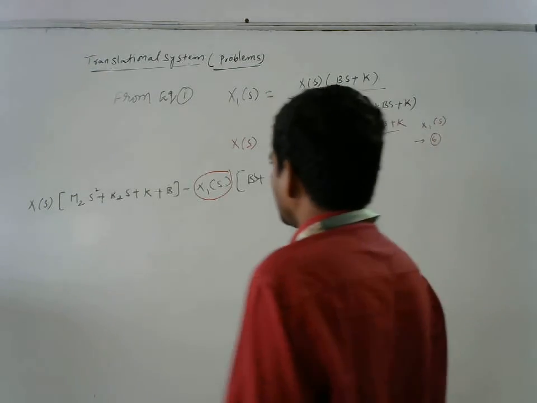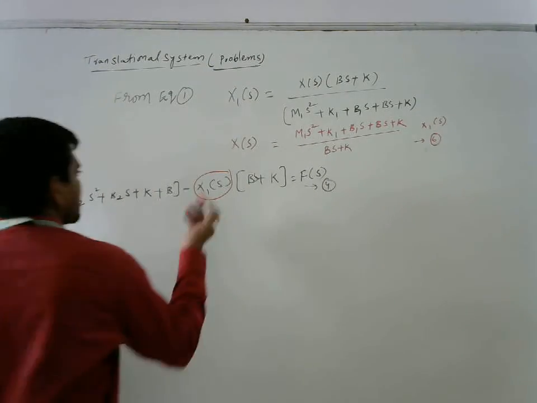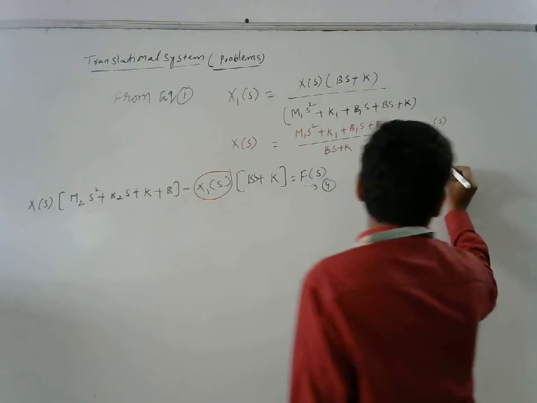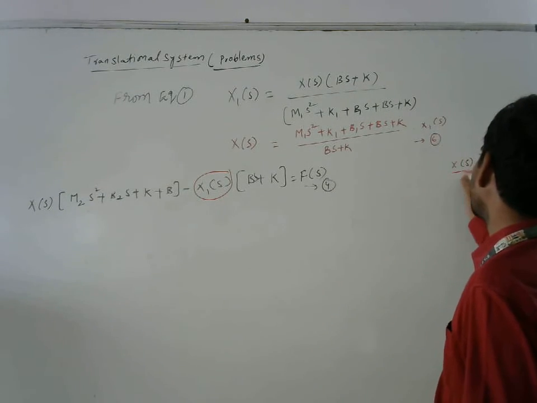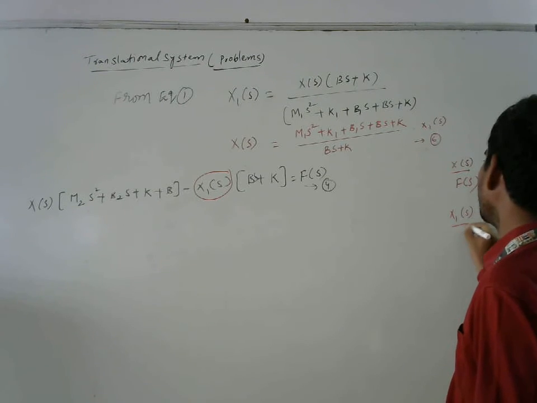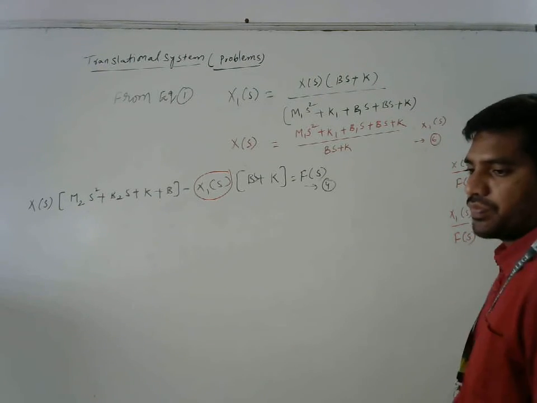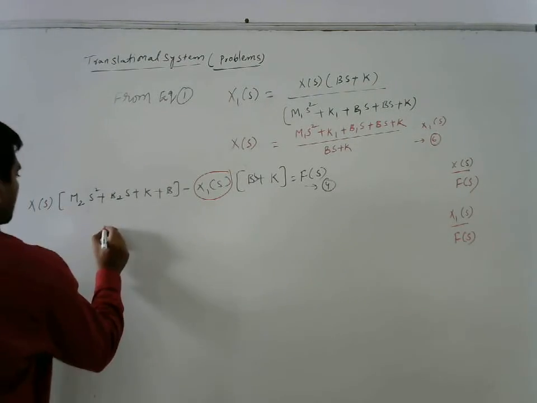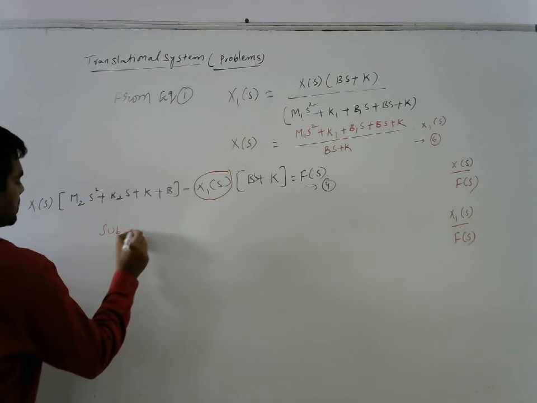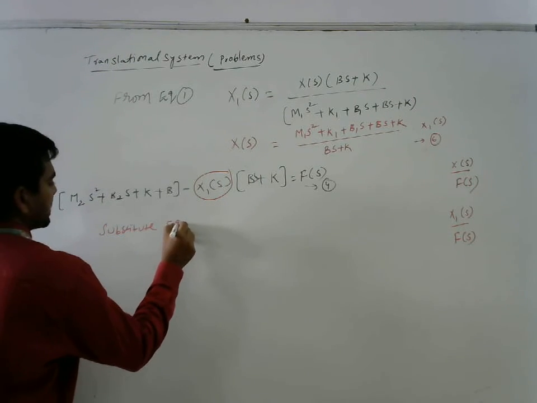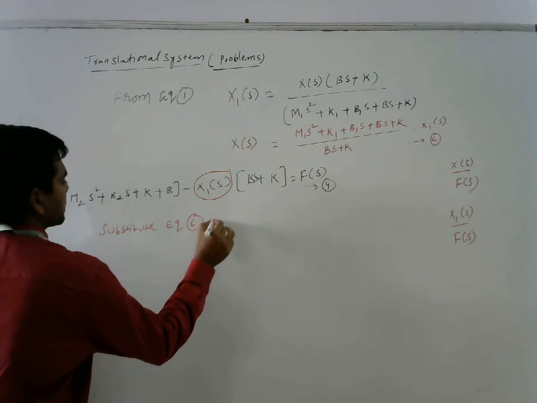Now substitute equation 6 in equation 4. Why? We have already calculated x of s by f of s. Now I am going to calculate x1 of s by f of s. Now what is equation 4?